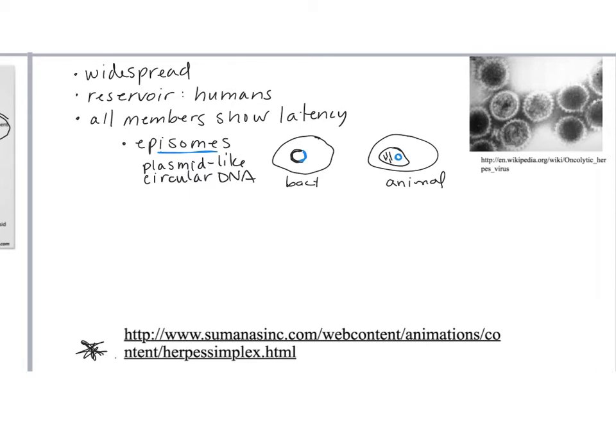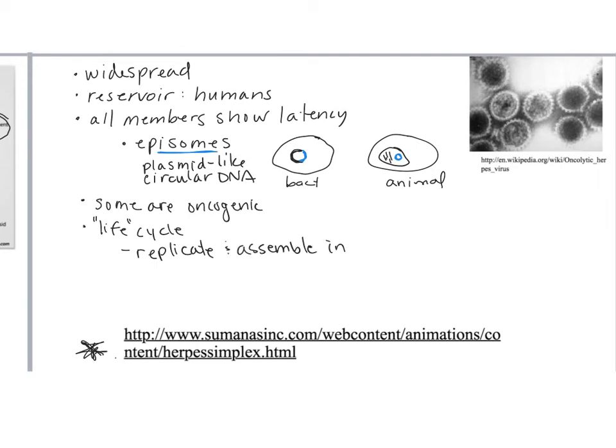That's a nice animation. Some of the Herpesviridae are oncogenic, so they have the potential to form cancer. There are some environmental factors that play a role there, as well as a person's genetic predispositions. And in terms of its life cycle, I'll put life in parentheses because it's a particle. We don't really consider it alive, but the viruses replicate and assemble in the host cell nucleus. And then they pull their envelope from the nuclear membrane.